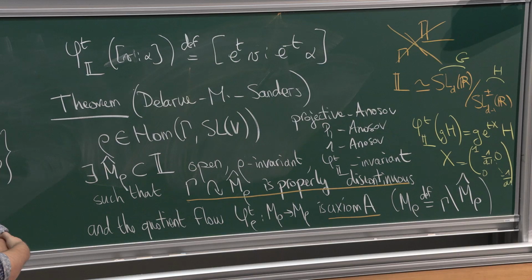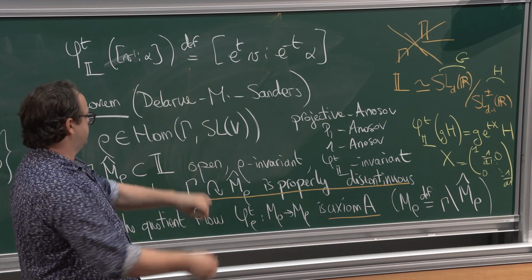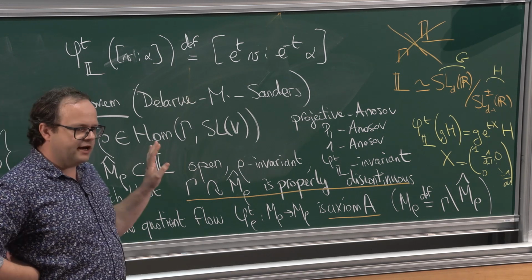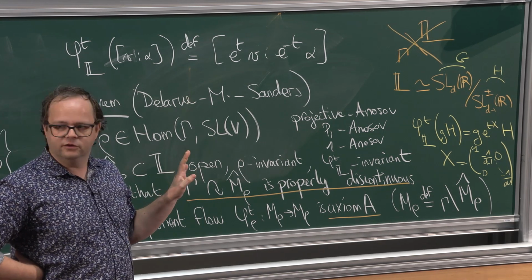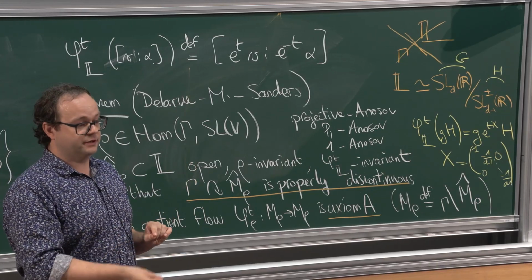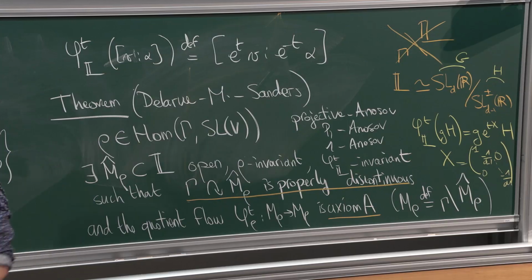There's also a joke here, which is the case where gamma is elementary. Sometimes in the definition of Axiom A, you'll see that you also assume that the non-wandering set does not consist of a single periodic orbit or finitely many periodic orbits, if you're just looking at a basic set.